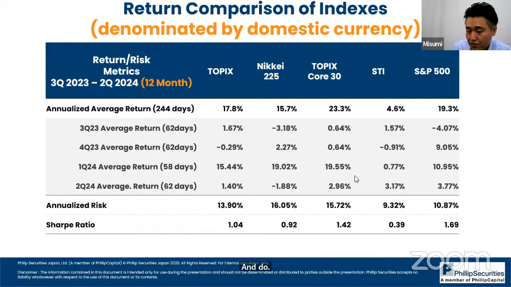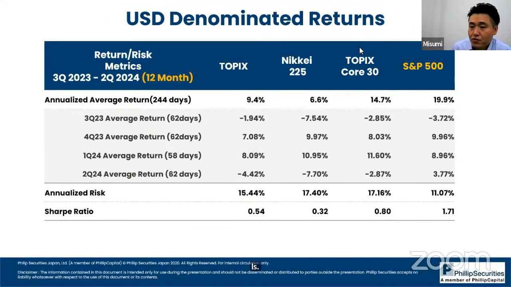If we translate these Japanese indexes into US dollar terms, it gives more different results. This is the annualized risk, and this is the average return over the last 244 business days.